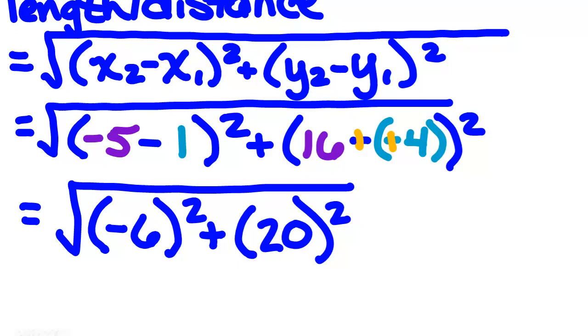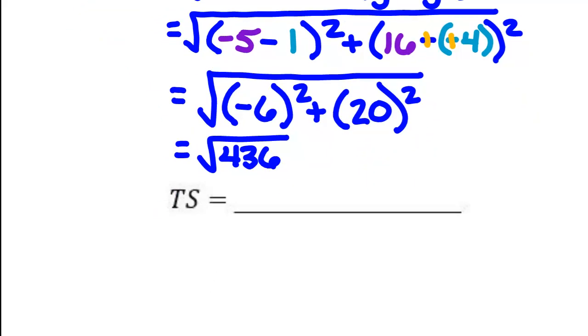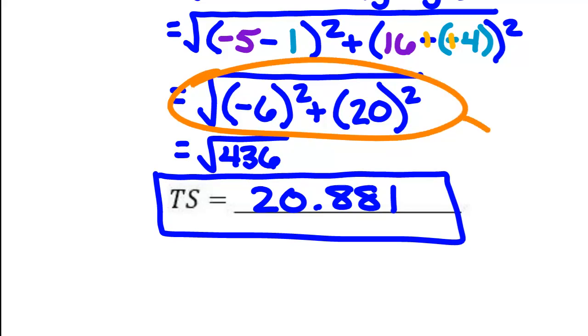When you pop this into your calculator, it comes out to be 436 underneath the radical, which is about 20.881 in its decimal form. I do not have to see this piece if you don't want to show me that one. You can go from here right to here, and that is perfectly fine.